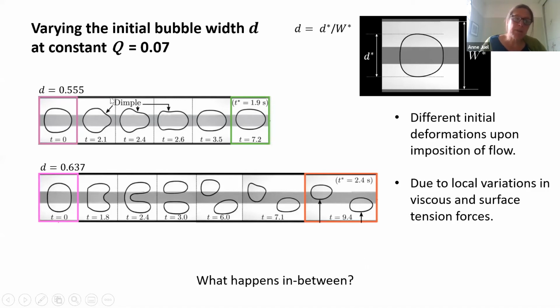So in a sense, you could say that the deformation in the wide bubble is kind of exactly opposite to the deformation for the slender bubble.